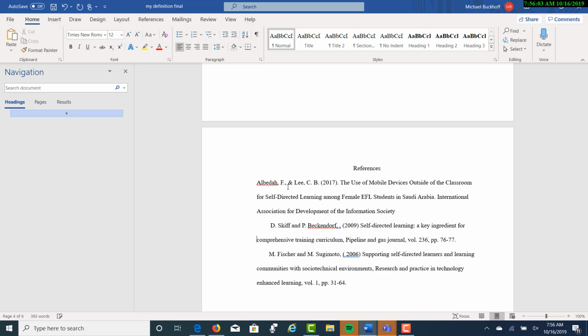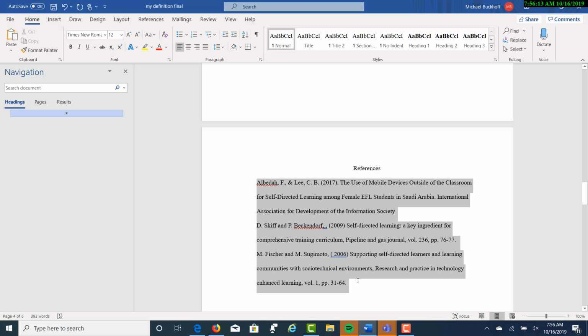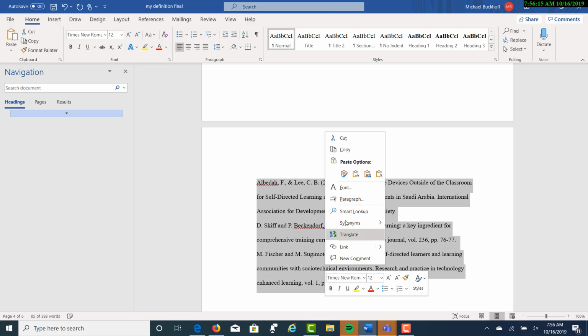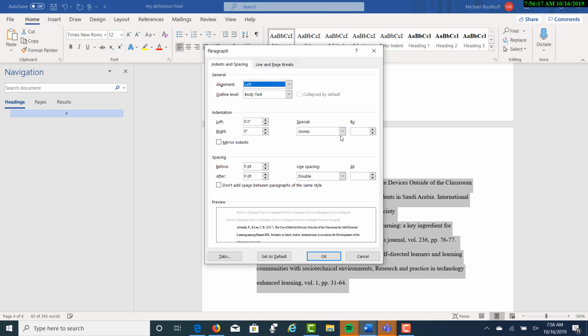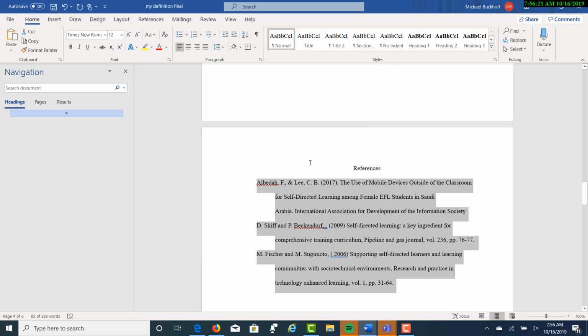Okay, so I need to bring all this to the margins. I'm going to show you something that you can do here. So bring it all to the margins, right? And then you're going to highlight it, go into paragraph, and then go under special, put hanging indent. So now you're creating an APA style paper.